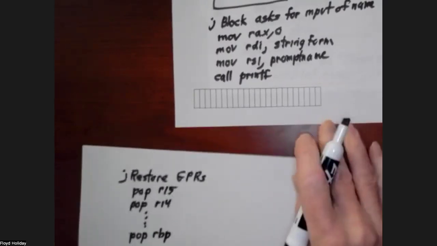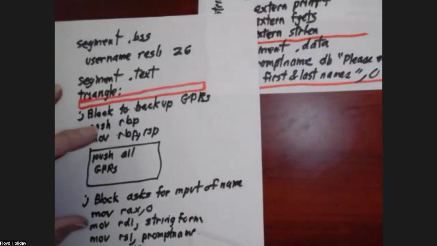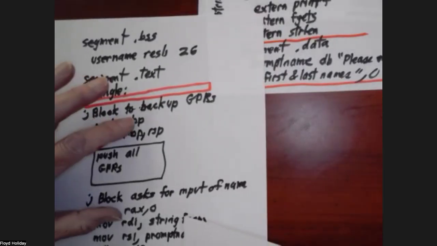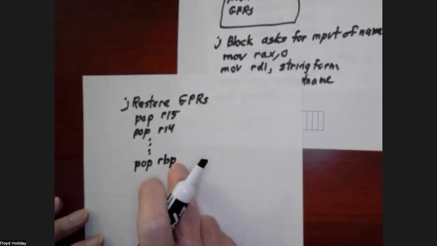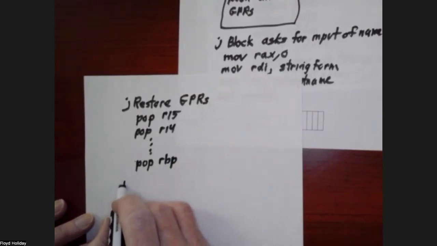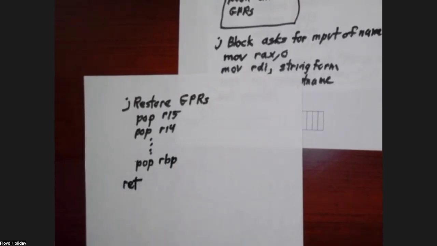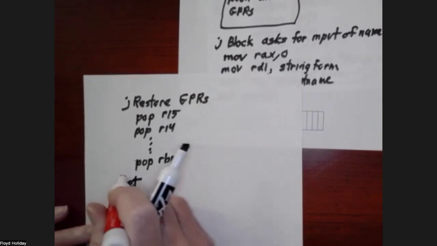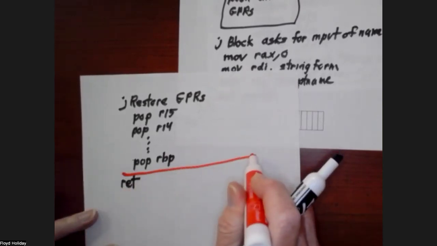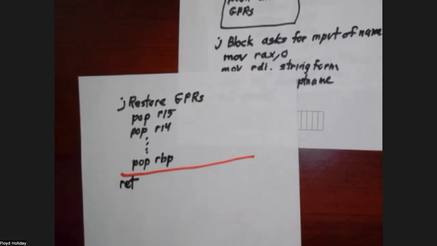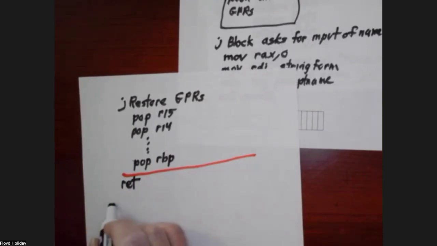So you notice that in the backing up, pushing RBP was first. Now popping RBP is last, and RET. I guess we could put a blank line between those. Okay, and then stop, close, save the file.